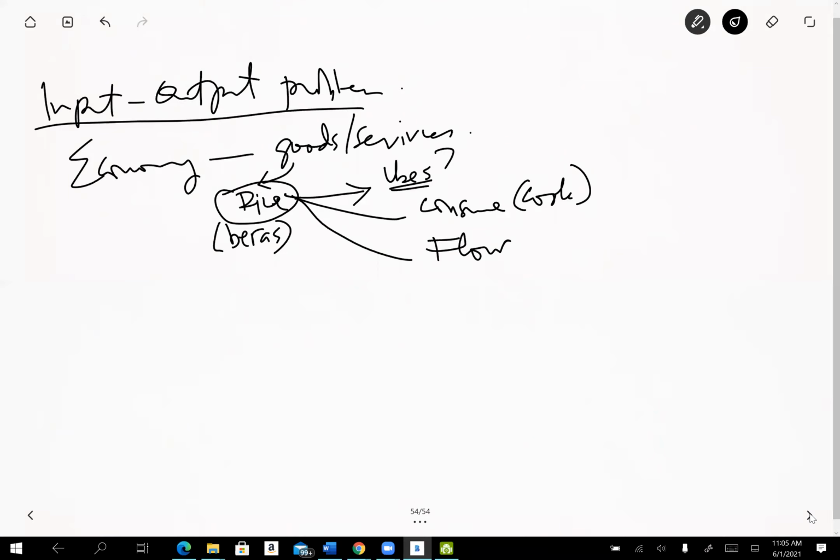This one is consume. And if you make flour, there is a difference between number 1 and number 2. Now if it is used to make flour, then what will happen after that? Sell.